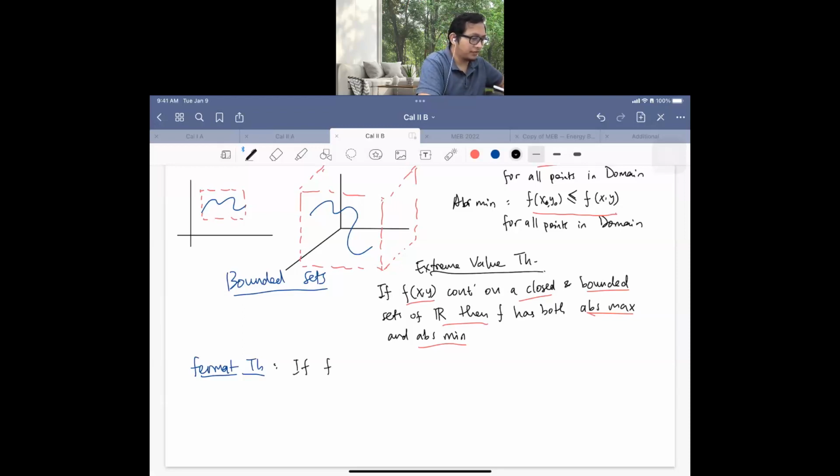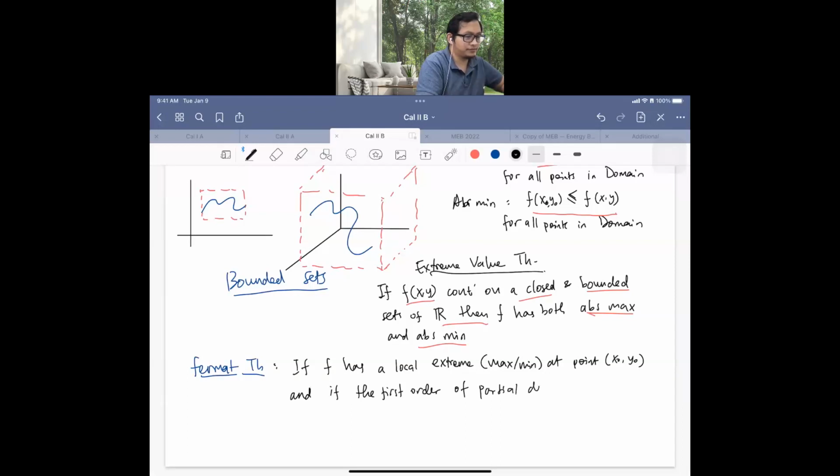So if f has a local extreme, max or min, at point x0, y0, and if the first order partial derivatives of the function f exist at those points, then as implications, the partial x at x0, y0 will be 0, and the partial y at x0, y0 also will be 0.